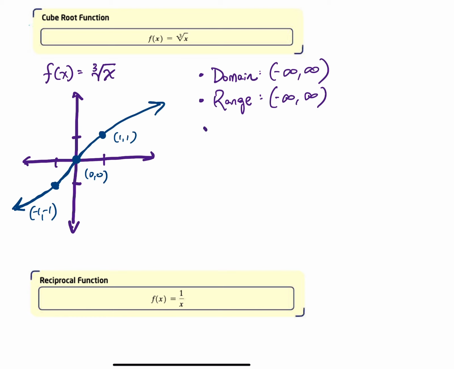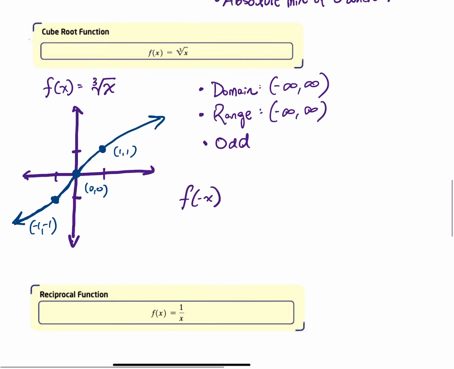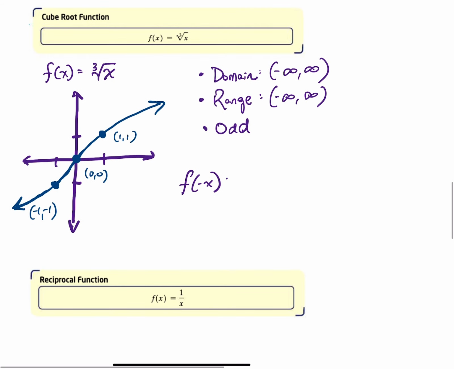It's an odd function. You can see that symmetry if we flip it across and then across again, or if we plug in f of negative x, that would be the cube root of negative x.